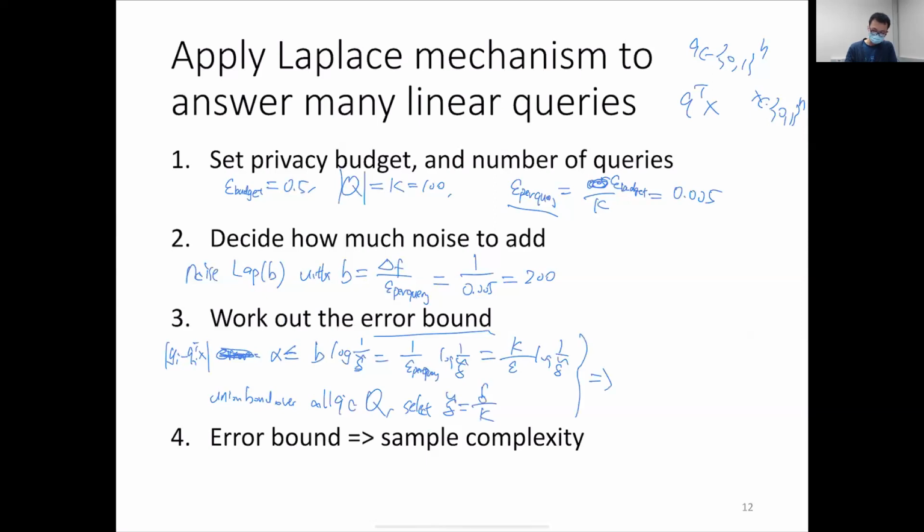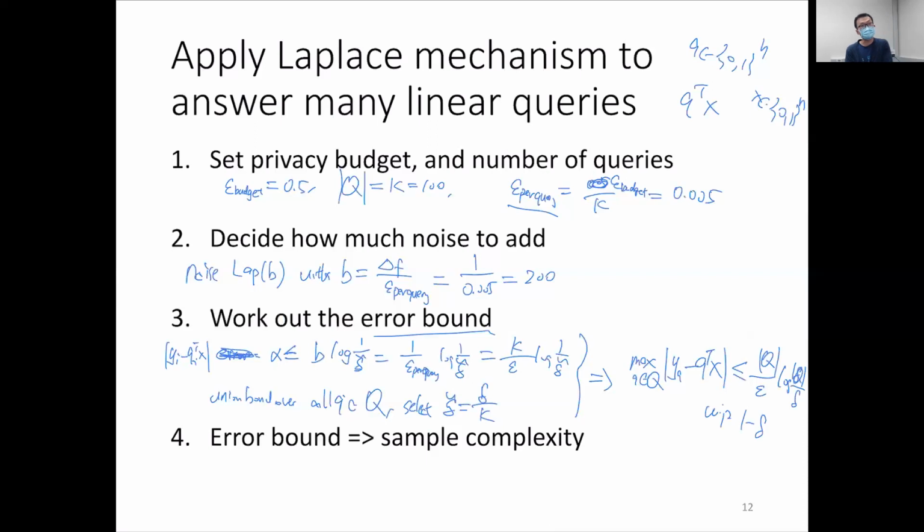Then all these together say that the max over all q in the query space of the Laplace mechanism's output minus q transpose x is smaller than the size of the query space over epsilon times log of the size of the query space over delta, with probability at least 1 minus delta, right? So that's how we work out the error bound for many linear queries using the Laplace mechanism. We can see that, first of all, this is an unnormalized error, right?